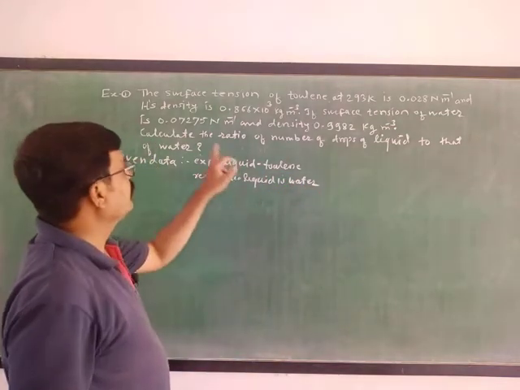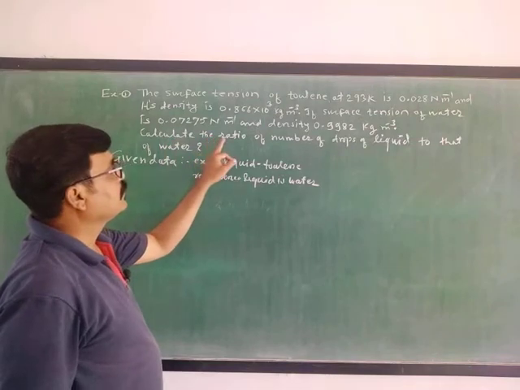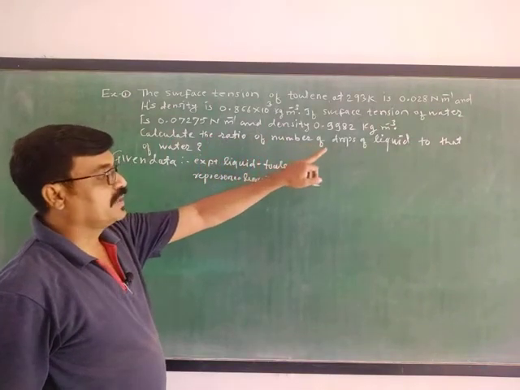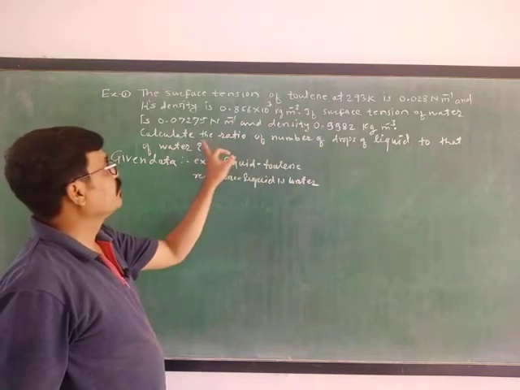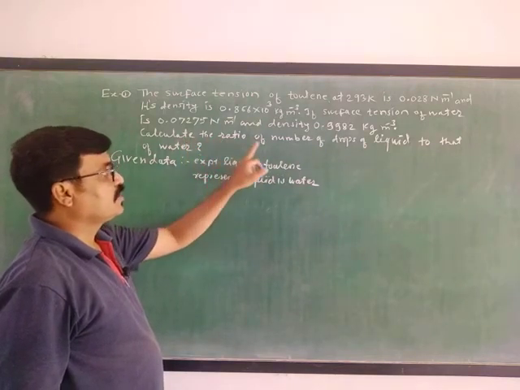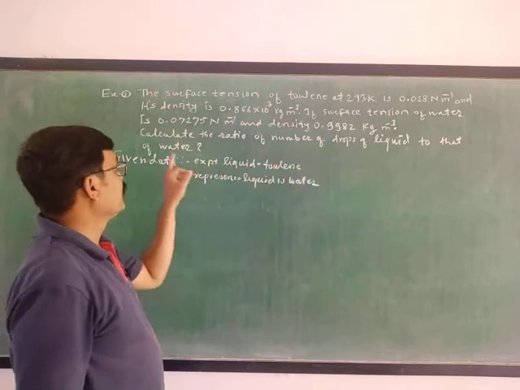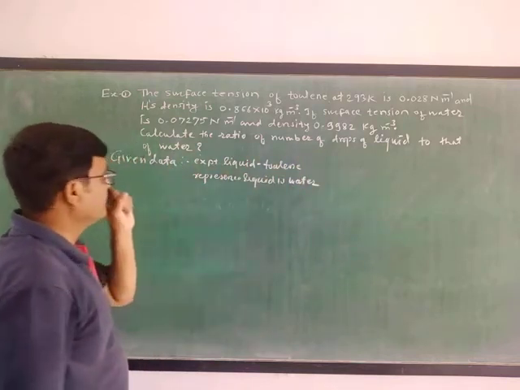Here we calculate the ratio of number of drops of liquid, liquid means experimental liquid, to that of water. Means we have to calculate the ratio of number of drops of toluene to the number of drops of water.